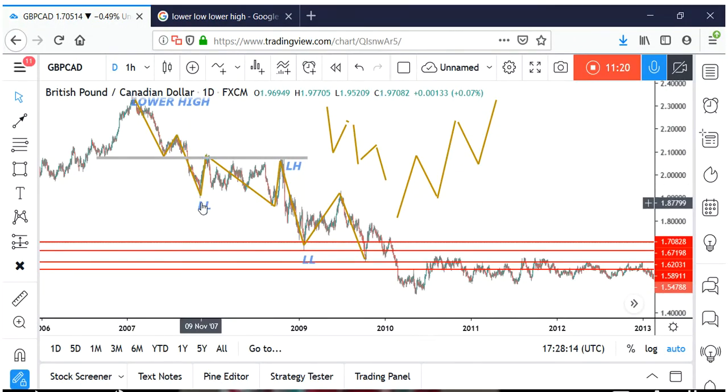Just wait for this pullback to occur to retest this, because whenever there is a broken support, it retests to become a resistance 90% of the time, based on my research. Going back to this one, for example.